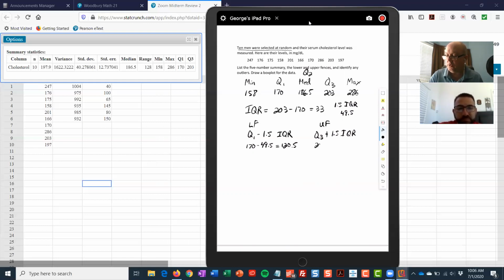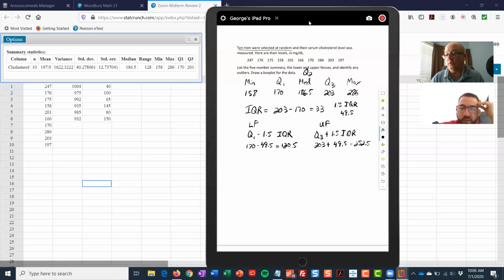And 203 plus 49.5 is 252.5. Just a quick note on this one. Sometimes students will subtract in the upper fence instead of add. Sometimes they use Q1 again instead of Q3. Just be careful that you're using the two different quartiles, Q1 and Q3: one you subtract, one you add.